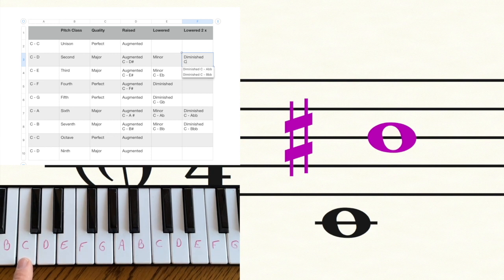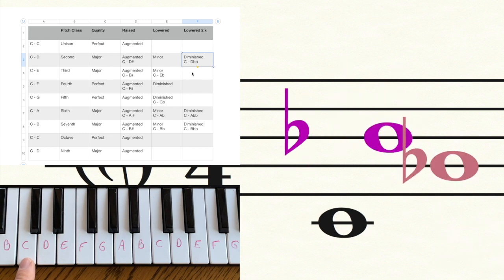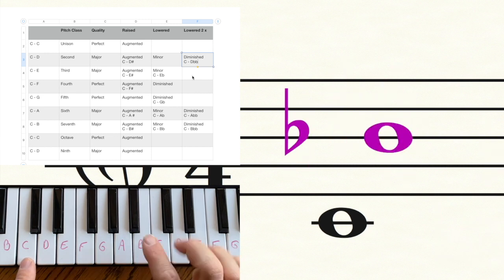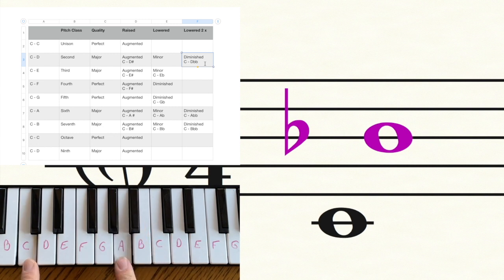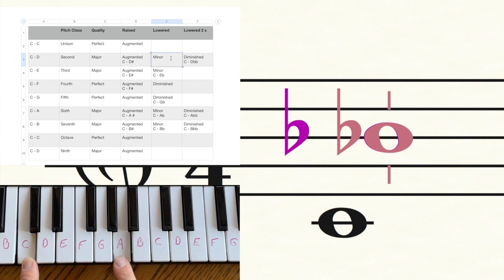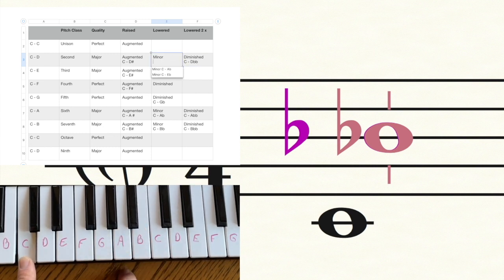I guess the one other thing that we should probably name here is if you take your major seventh and you lower it, it's a minor seventh. If you lower it again, in other words, you make it a double flat, a B double flat sounds like an A. It would actually be called a diminished seventh.